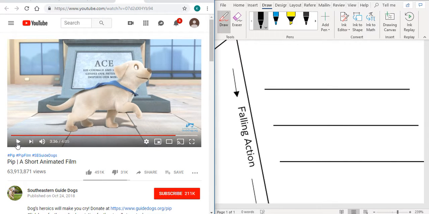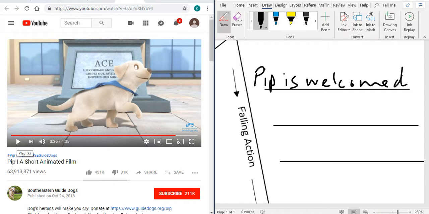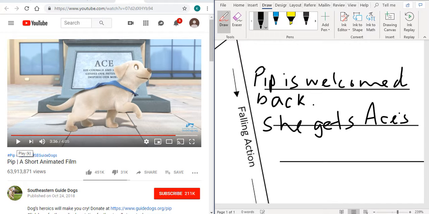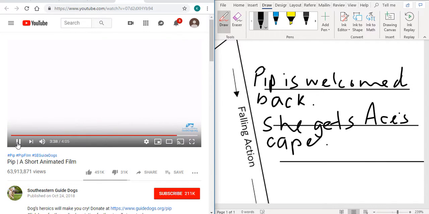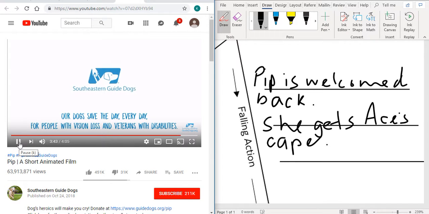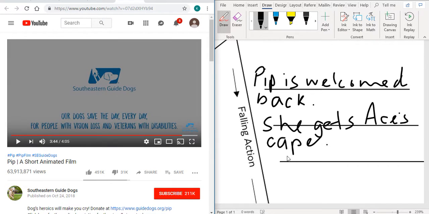So we see there that Pip is welcomed back.